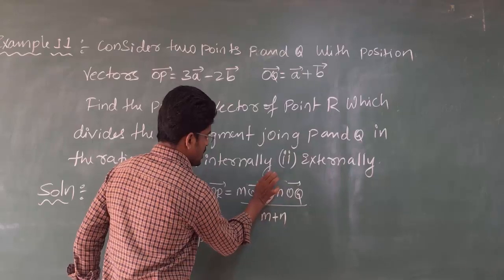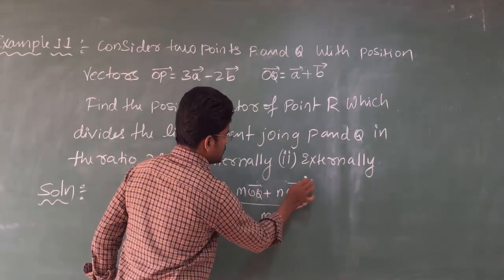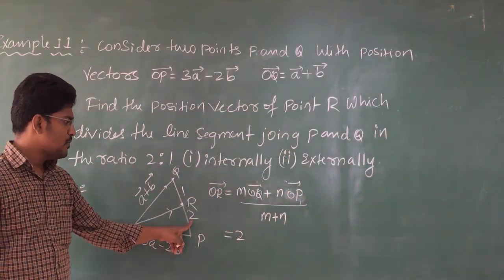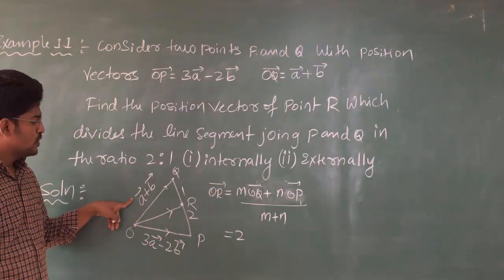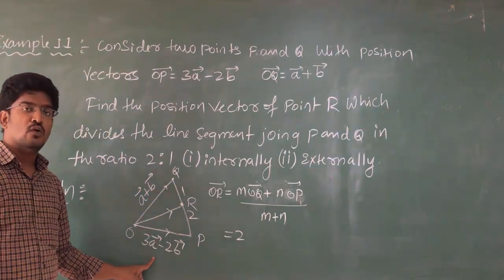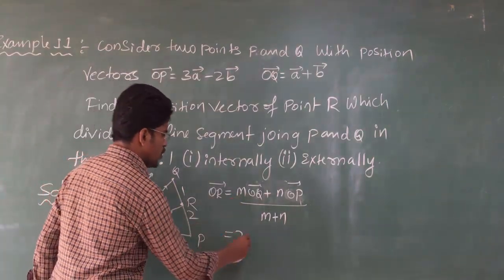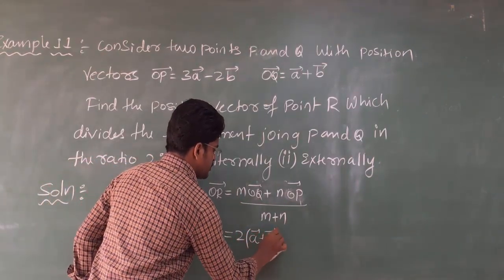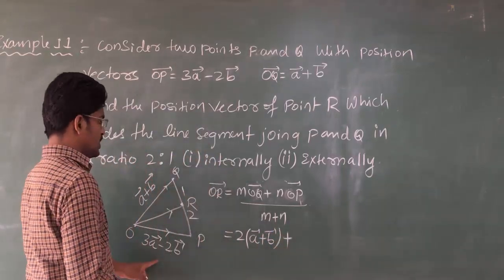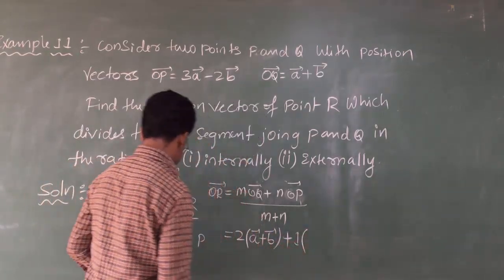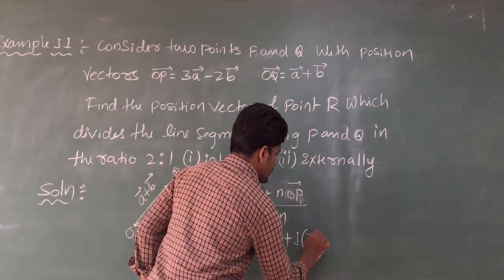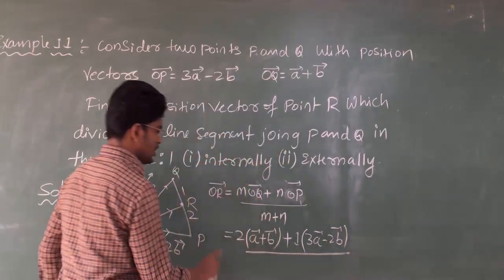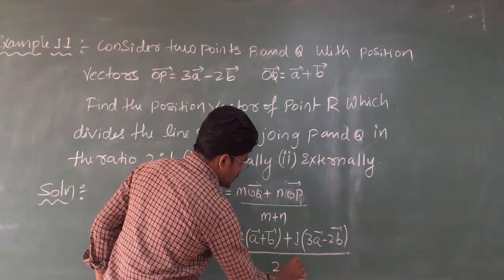So that is m times vector OQ, n times vector OP. So that will be m is 2 times vector A plus vector B plus n is 1 times 3 times vector A minus 2 times vector B, divided by m plus n, that is 2 plus 1.